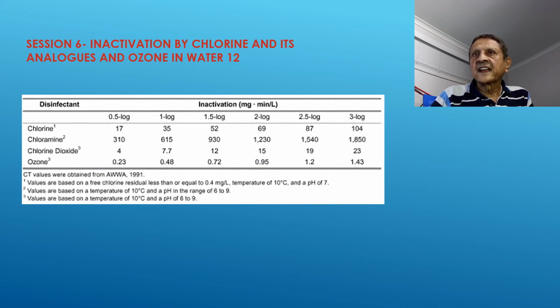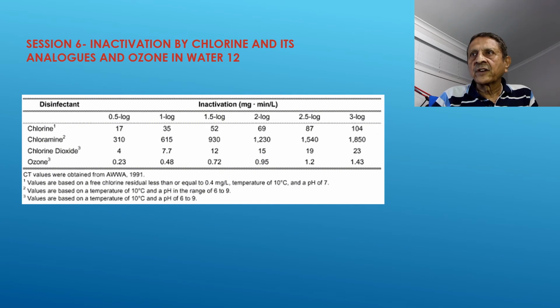So if you notice that, here you can talk about ozone being 104 times stronger with respect to inactivation of any bacteria. You'll also notice that the inactivation of the bacteria is also related to the pH.